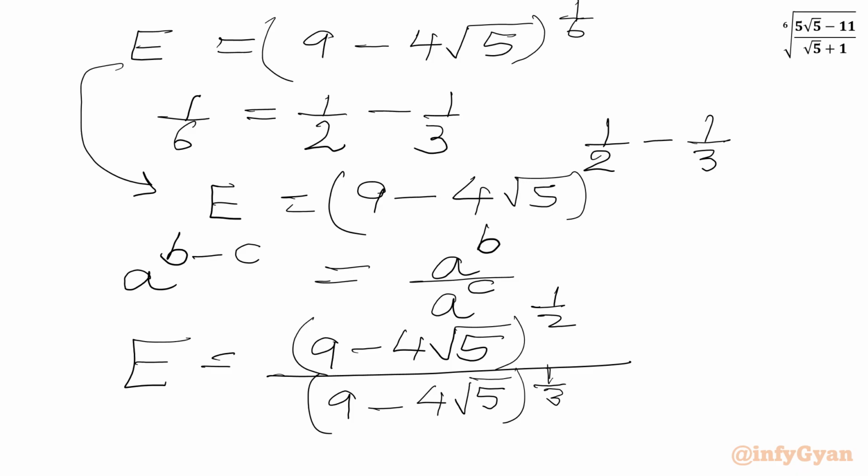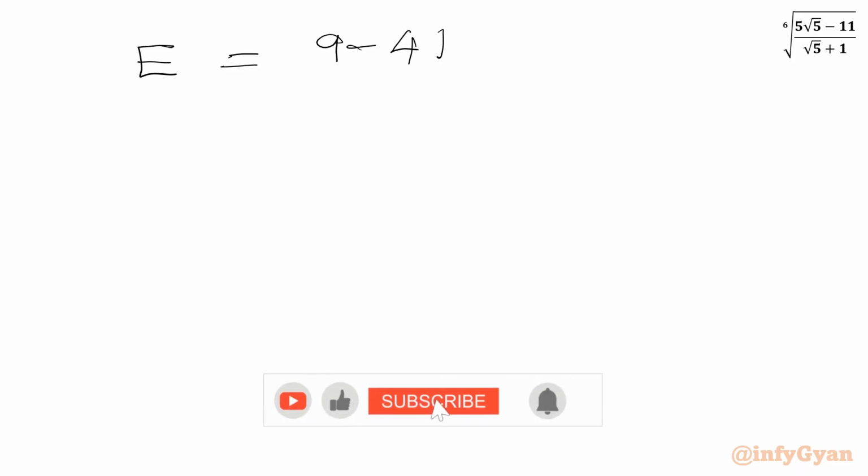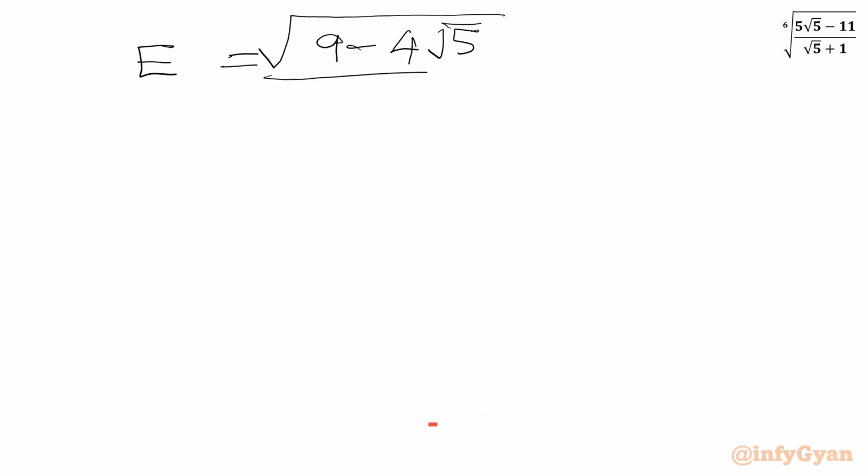Or I can write expression E will be equal to the square root of 9 minus 4 root 5 over the cube root of the same radicand, 9 minus 4 square root 5.